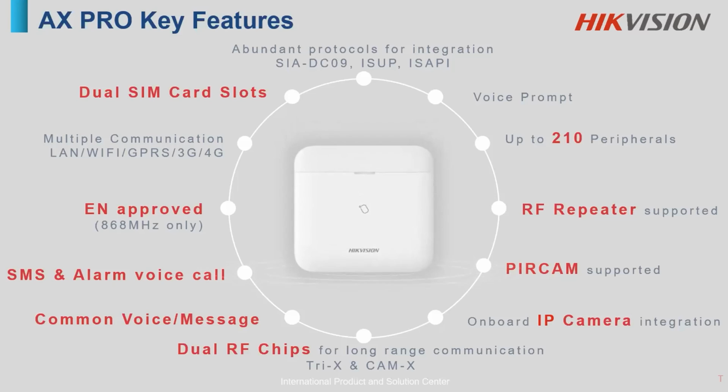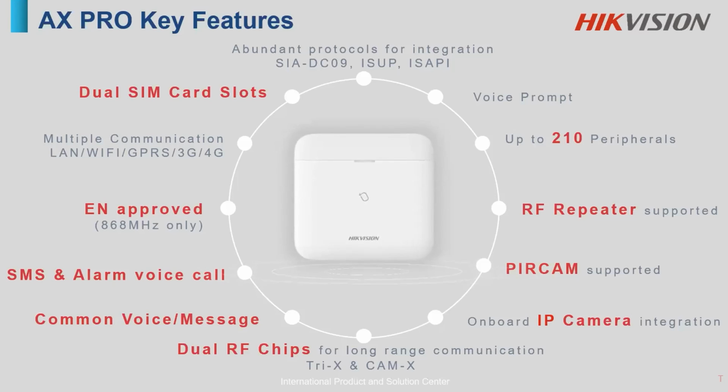Also, to keep redundancy in place, we have dual SIM cards. If you have any problem with one SIM card, the other SIM card can take over and handle the situation. This is a total set of features packed into a tiny device, which gives you so many capabilities to implement your alarm system, whether it's your home or your business place.